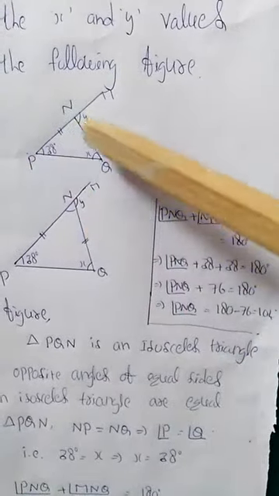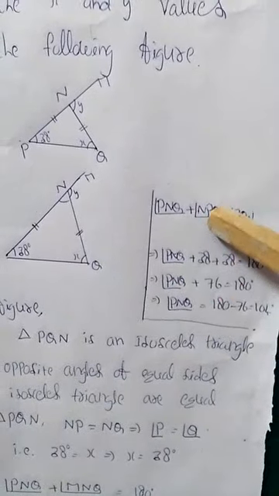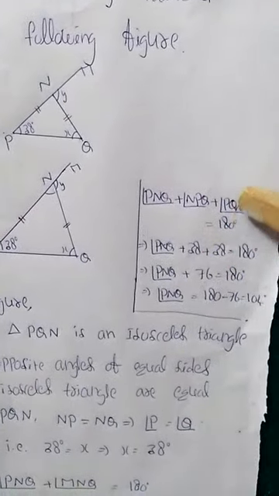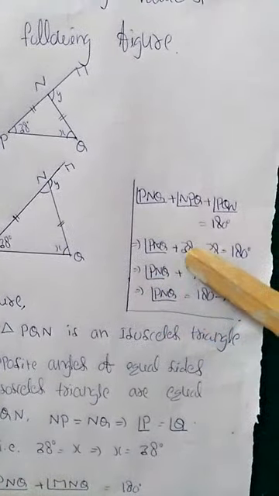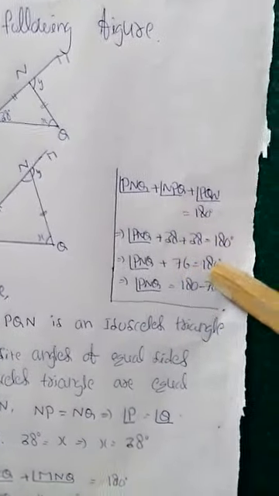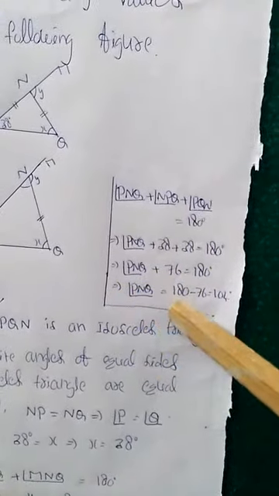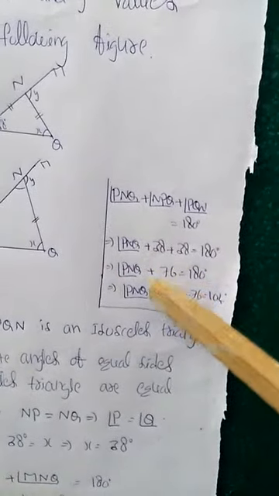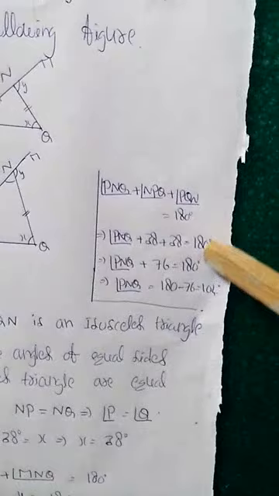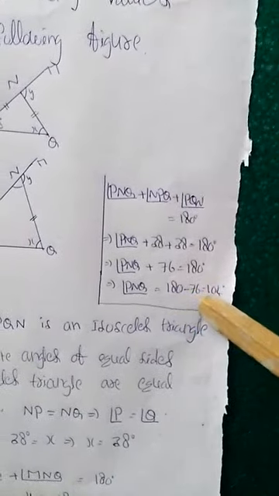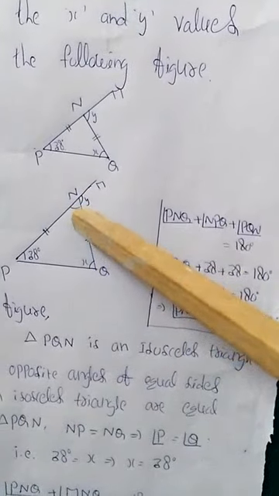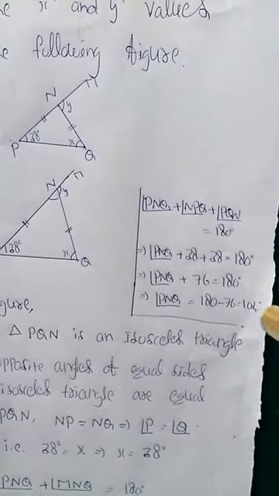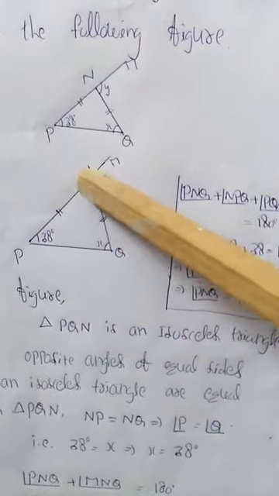That means PNQ plus NPQ value 38 plus PQN value also 38 is equal to 180. Then angle PNQ plus 38 plus 38, which means 76, is equal to 180. And the next one, angle PNQ is equal to 180 minus 76. Why? Because we transpose this 76 to the right hand side, it will be minus. Then 180 minus 76 means 104. Angle PNQ is 104. So one more interior angle of this triangle we got as 104.